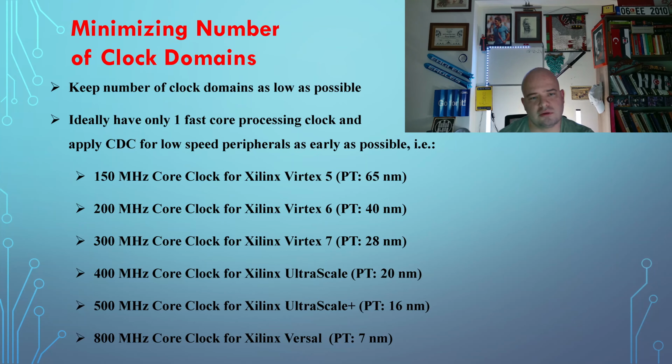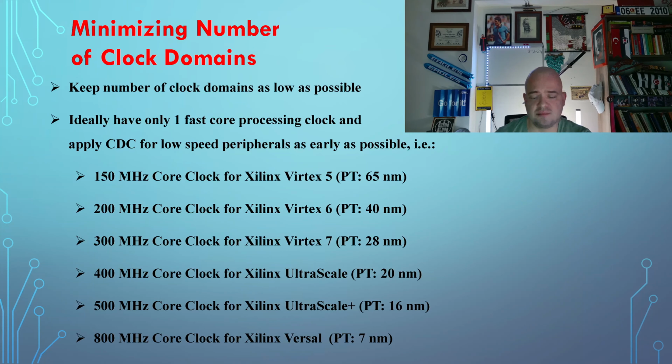Otherwise, there will be some fan out, some logical operations in those lower speed clock domains, and it is not preferred because you are adding some logic with different clock domains and you are increasing the fan out of those clock domains. So it is ideally great to have one fast core clock, and it is great to apply clock domain crossing as early as possible. I gave an example at this point.